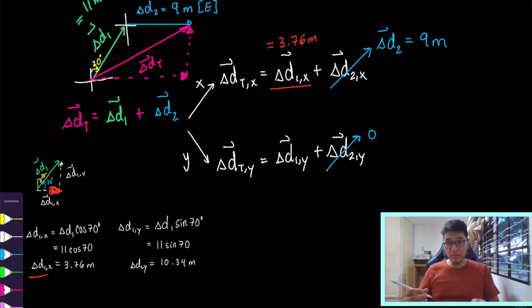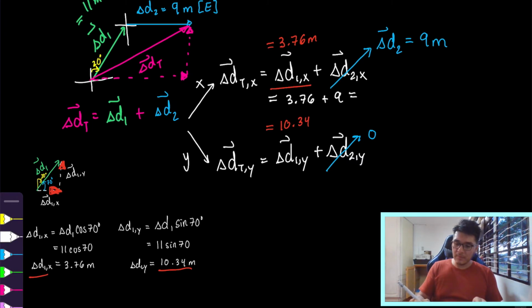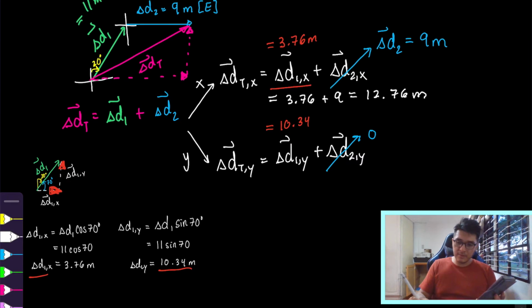For my y component, it was pointing up. So up, I take it as a positive number, so I'm going to substitute this by 10.34. So this makes it a lot easier to do my calculations. So my delta d_tx is just going to be 3.76 plus 9, which is 12.76 meters.